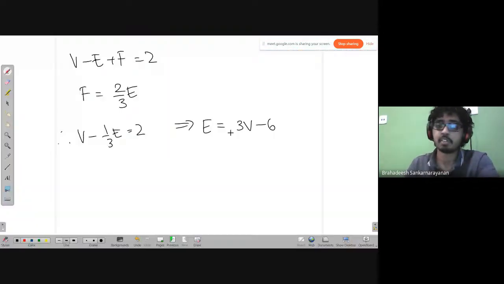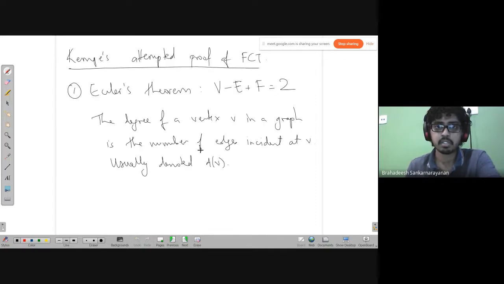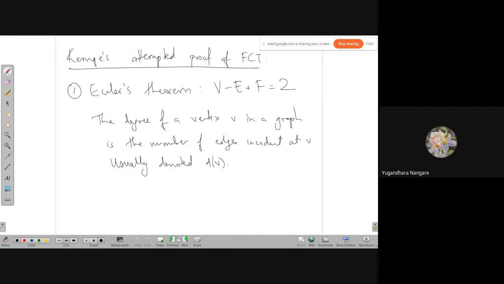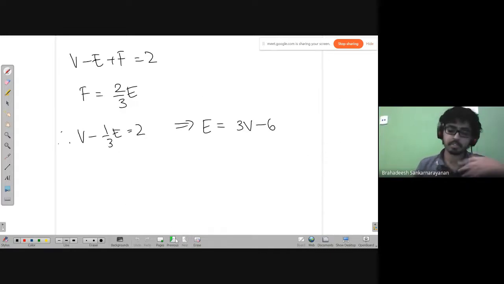I'm going to compute the average degree of a vertex. The degree of a vertex is nothing but how many edges are incident at a vertex v. So what will be the average degree? In terms of a formula, for a vertex, you look at how many edges are incident there, and that is the degree of that vertex.